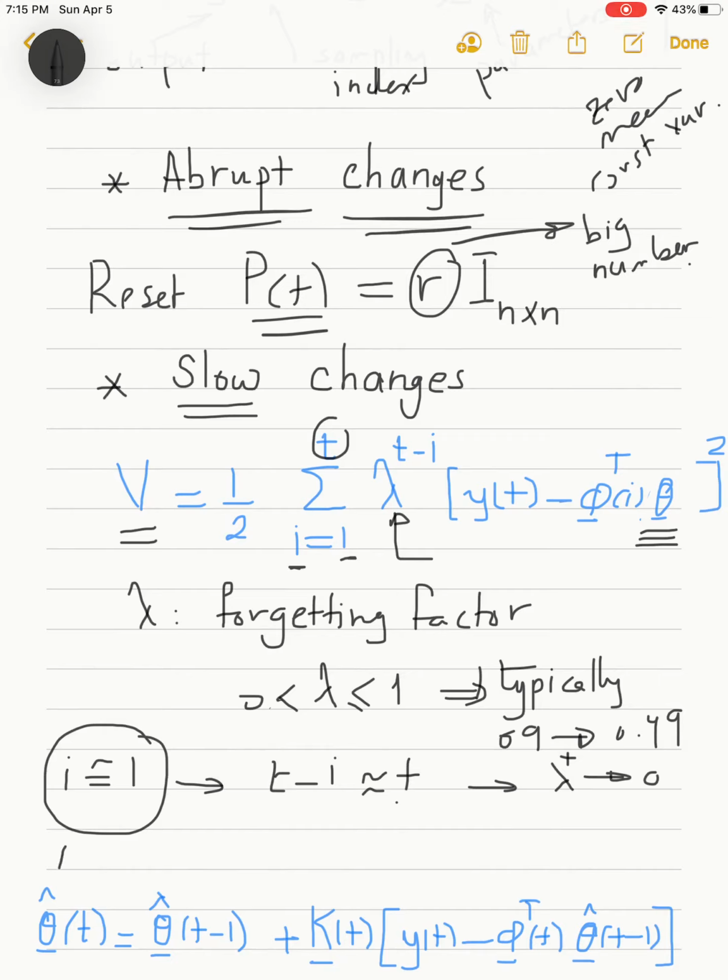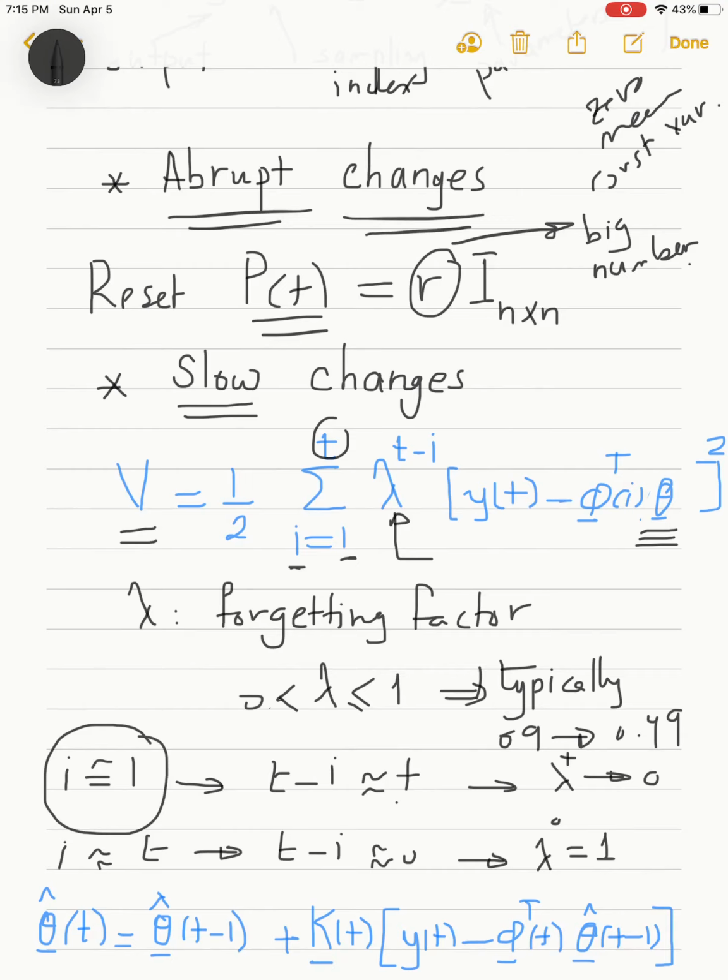However, if we take i close to t, that means t minus i will be around 0, and that means lambda to the power 0 will be equal to 1, which means that we give full attention, we get 100% weight to the measurements that are recent in our measurements.